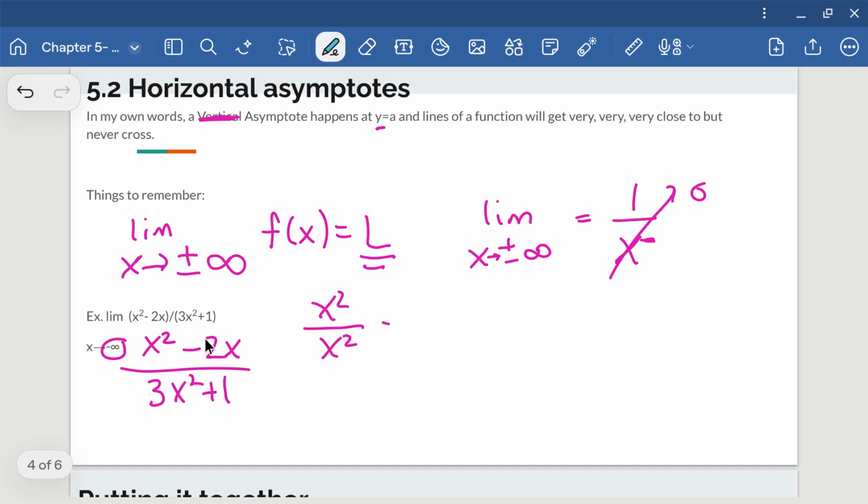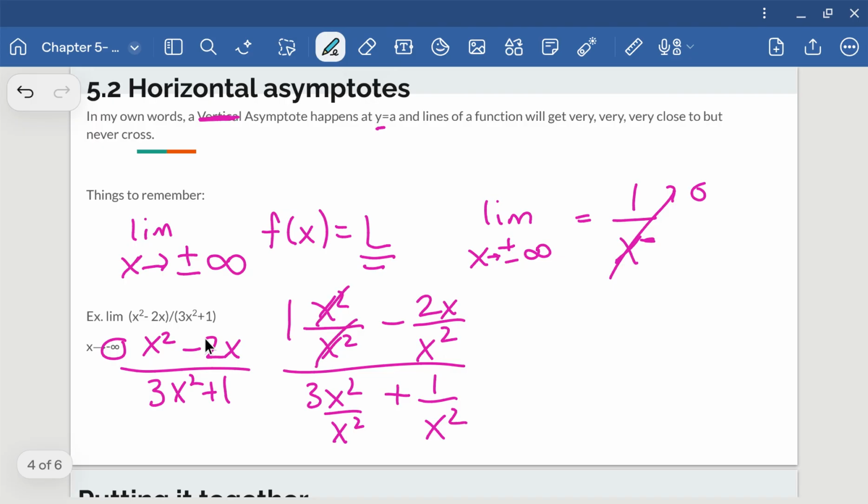Then I'm going to take 2x divided by x squared. Then in the denominator, I have 3x squared divided by x squared. And then lastly, 1 divided by x squared. Now we can see with this first part, if you have anything divided by itself, it equals 1. Over here, 1x will cancel with one of the x's here. Over here, the x's cancel, you're left with 3.